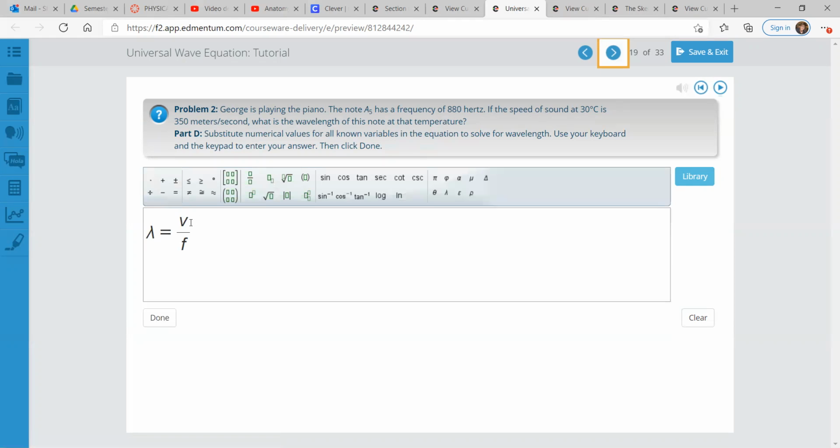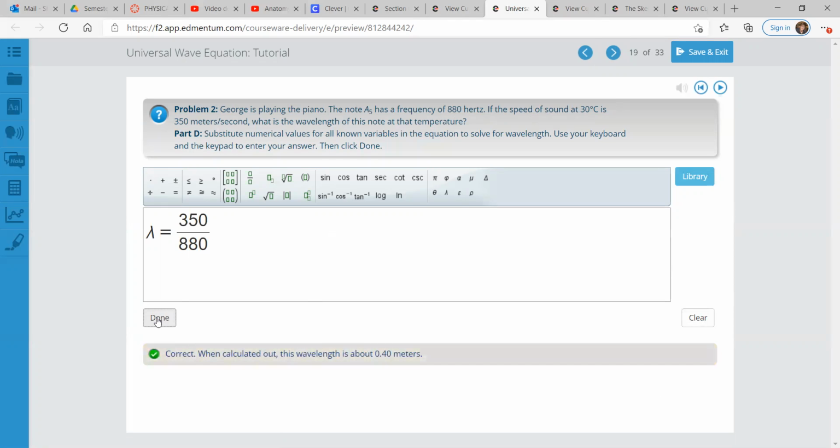Now we're just plugging in numbers. The wave speed is equal to 350 meters per second, and the frequency is 880 hertz. That gives us 0.4 meters.